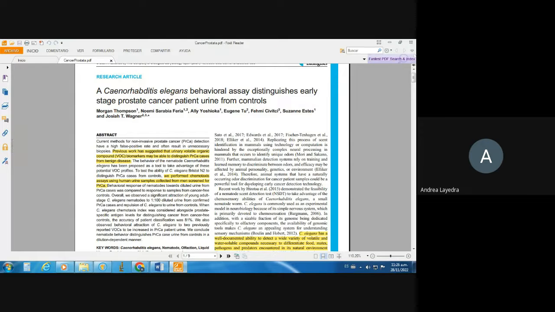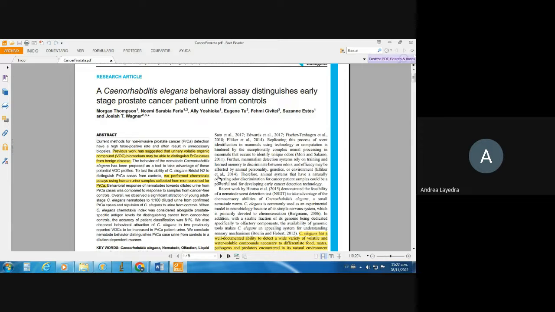In the early stage of malignancy, there is evidence that cancer patients emit odors that can be accurately detected by canine and urine olfaction. C. elegans is commonly used as an experimental model in neurobiology because of its simple nervous system, which is primarily devoted to chemosensation.